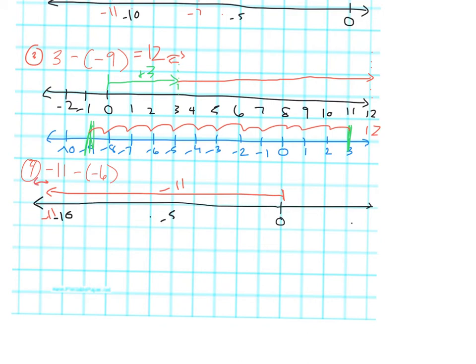But I see another subtraction sign, which means turn around or backwards again. And the opposite of backwards is actually turning around and going forward 6. 1, 2, 3, 4, 5, 6. And we're going to stop right here, and we see our answer is negative 5 equals negative 5.